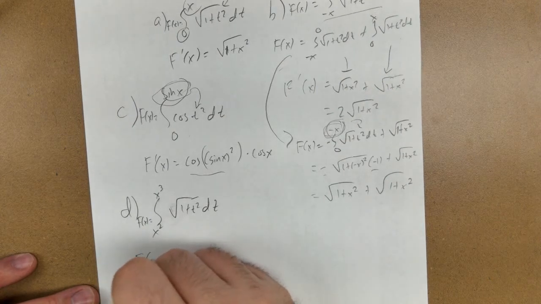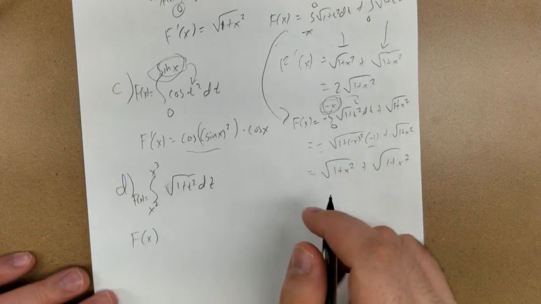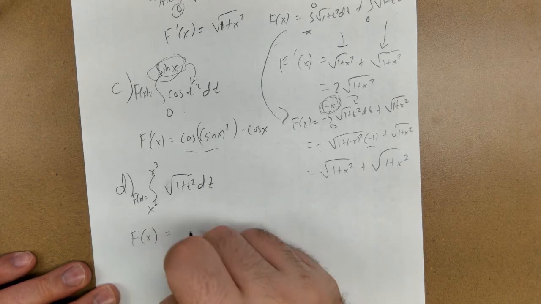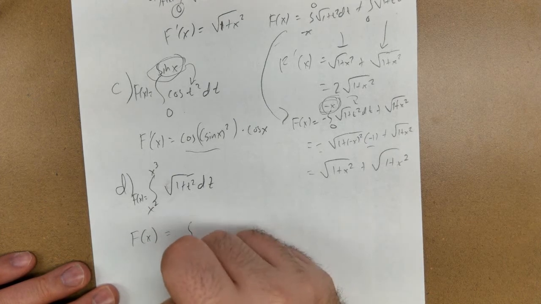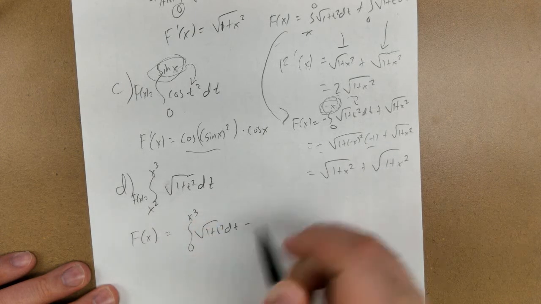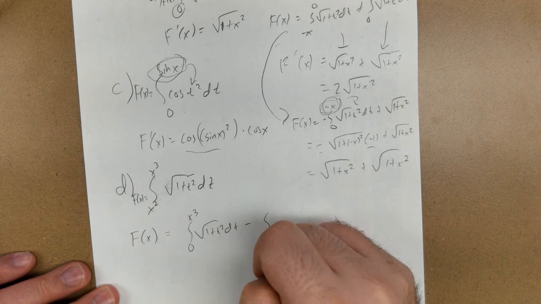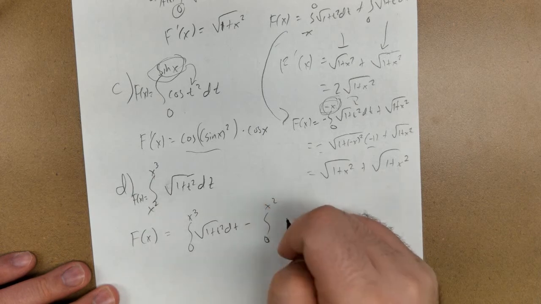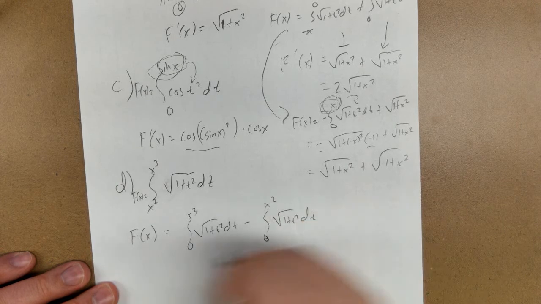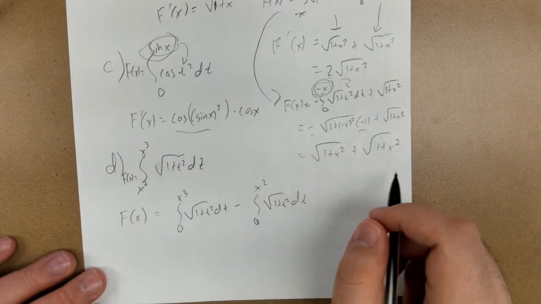I don't necessarily know which one's bigger, x cubed or x squared, but I know I need constants at the bottom. And it doesn't really matter what the constant is. But if you think about just using 0, and then subtract 0 to x squared, these might have both gone farther than they needed to go, but the extra area on each one would cancel when you subtract.